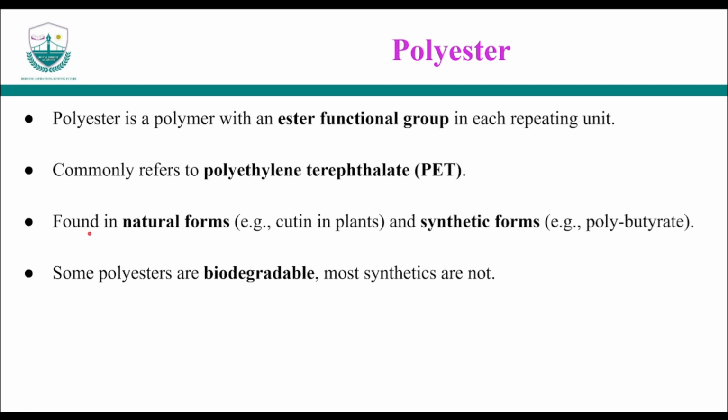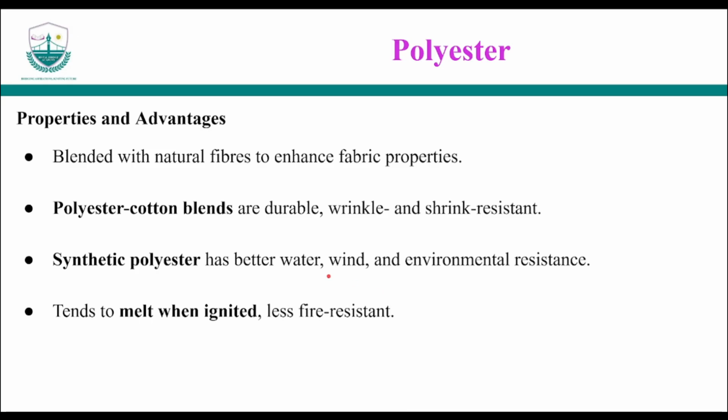These are usually found in natural forms, but also available in synthetic forms. The chitin that we find in plants has that, and in synthetic forms, polybutyrate is the synthetic form here. So some polyesters are biodegradable, but most of them are not. Okay?